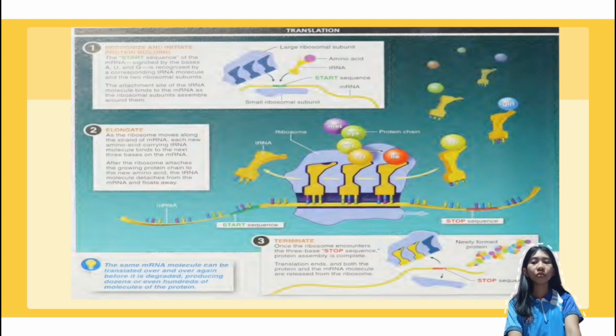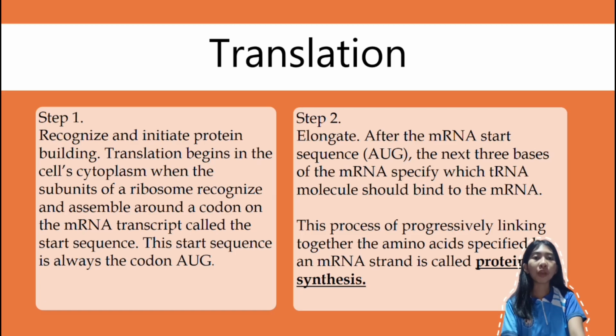So, let's now start the process of translation. Step 1 is initiation. It recognizes and initiates protein building, and the translation begins in the cell's cytoplasm. Take note that the translation process starts in the cell's cytoplasm.